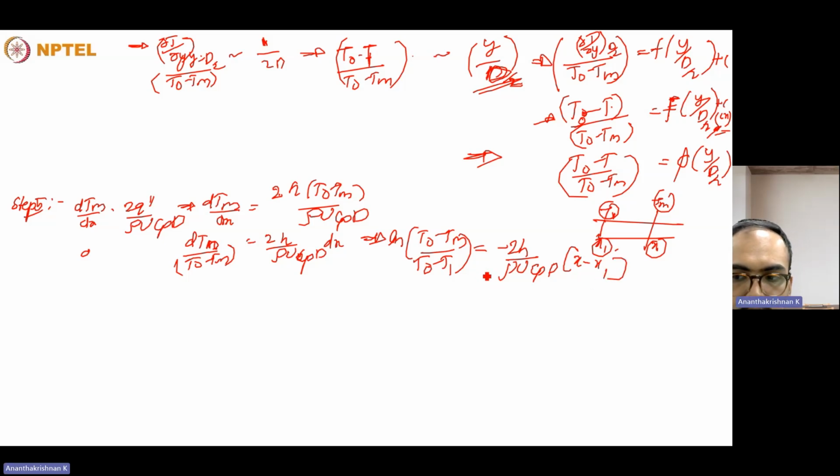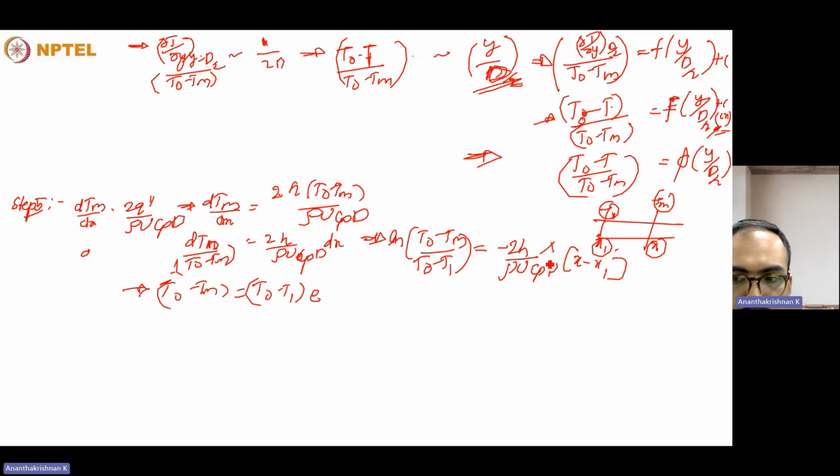Writing it in exponential form, we get T0 minus Tm equal to (T0 minus T1) e raised to minus 2h divided by rho u cp d into (x2 minus x1).